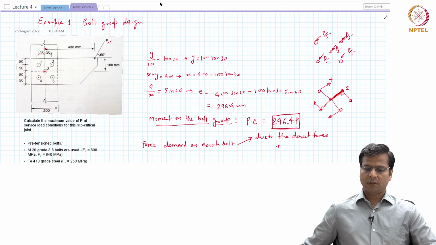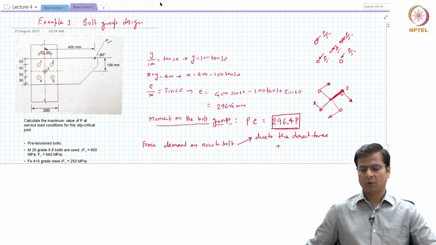So now, since all four bolts are equally distant, they have same stiffness, they are same cross sections. Therefore, they will be offering equal amount of resistance against the moment. So if the total moment was this much, 1/4 of that will be resisted by each bolt.